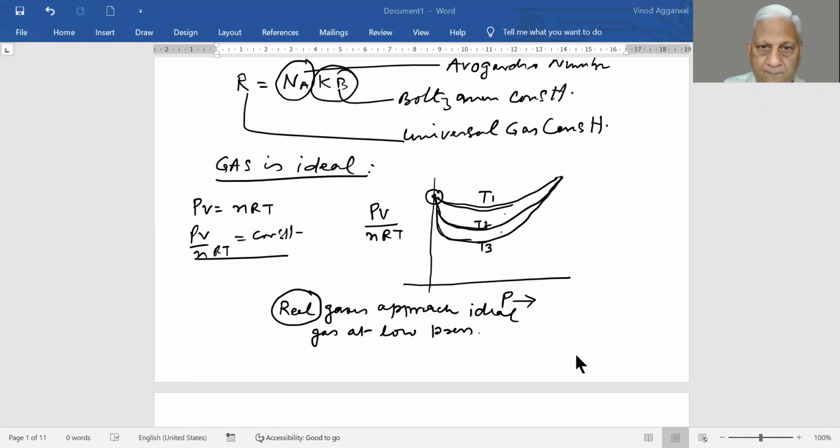And if you see this curve, the T1 curve is flatter compared to the T2 or T3 curve. So we know T1 is greater than T2, is greater than T3. What it means is, as the temperature increases, the real gas, this should have been our curve, the dotted root should have been our curve for ideal gas.